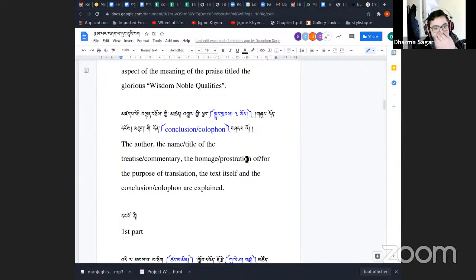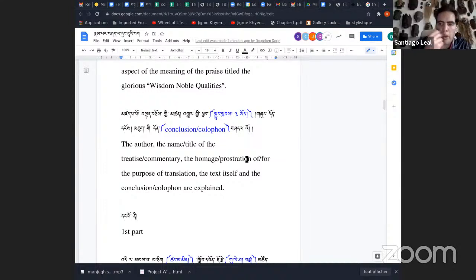So here it is the homage of translation and the homage for the purpose of translation. So one is the homage for the translation, and one is the homage that explains the purpose of the translation.